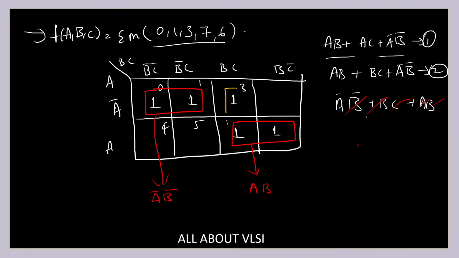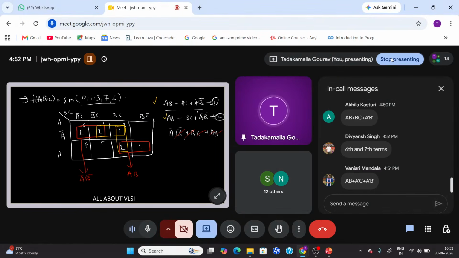If some people group this, then we get this solution, which is AB plus BC plus A bar B bar. If people group this, we get this solution, which is AB plus AC plus A bar B bar. Now, which one is correct? Whether the first one or the second one? Which particular solution is correct?